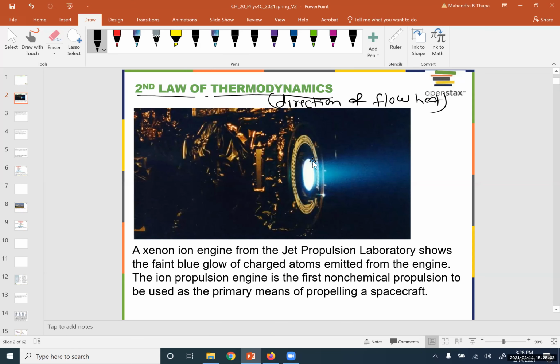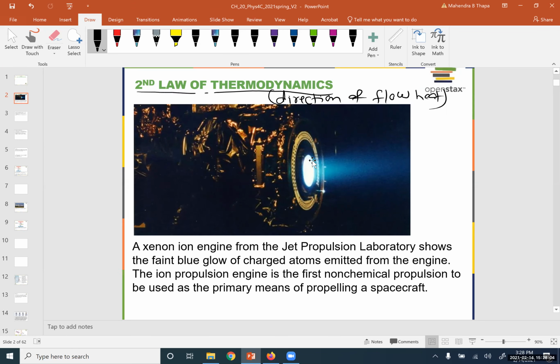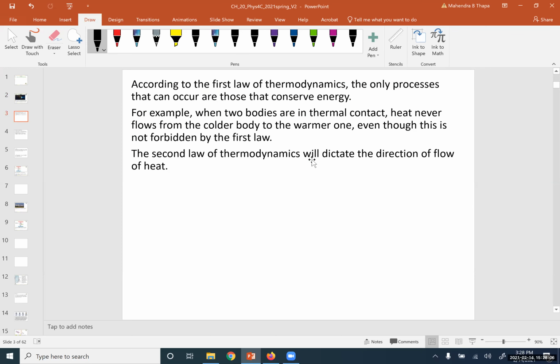So we have seen in a previous chapter that the first law talks about the total energy, the total conservation of energy. In the first law, the total amount of heat supplied, dq, is divided into two parts. One is the internal energy, the other is the work.